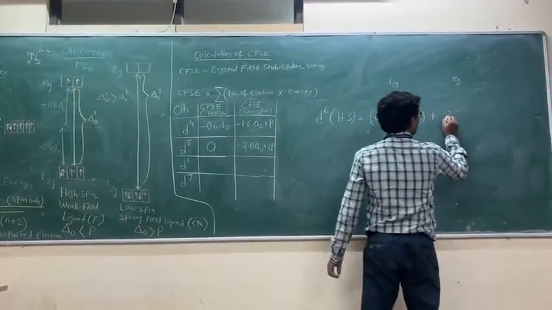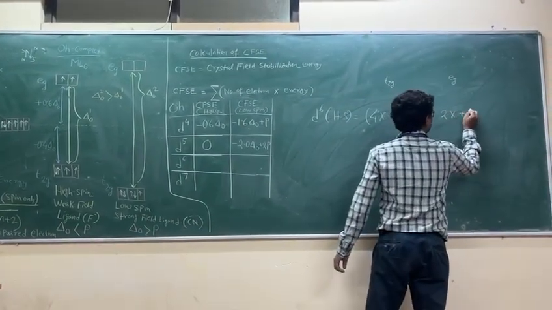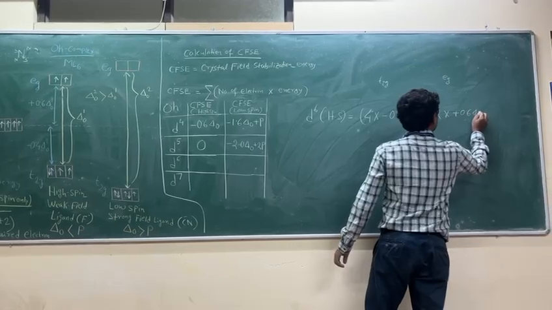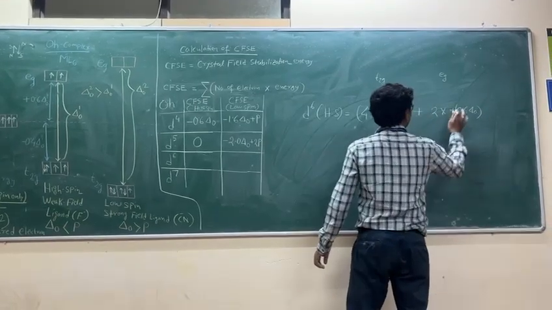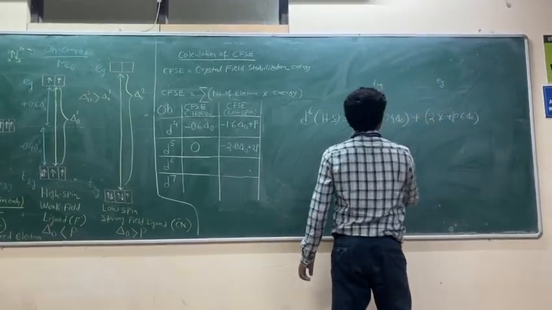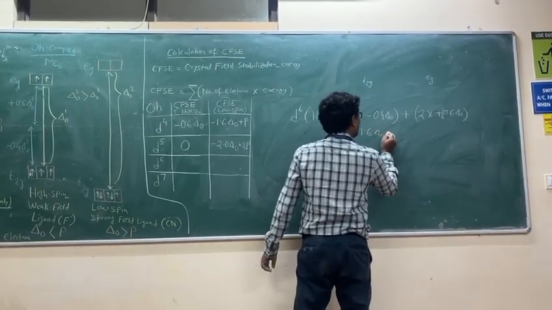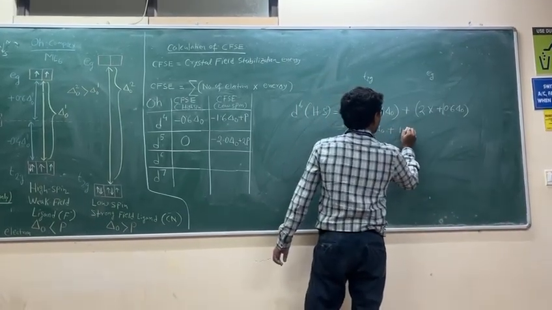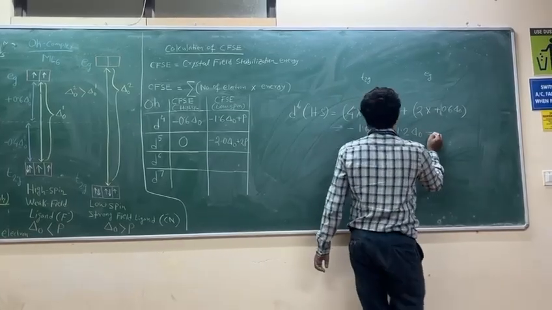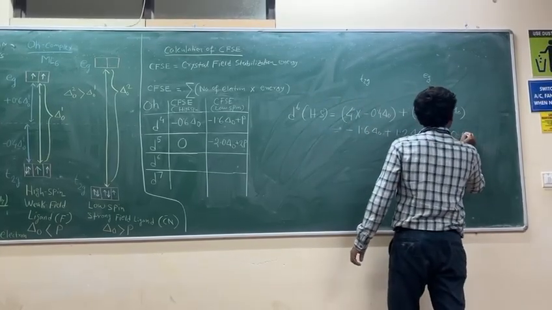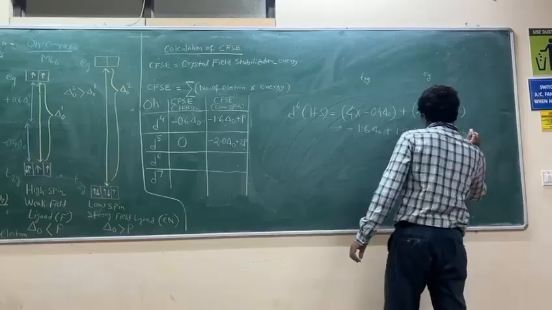So 2 into plus 0.6 delta O. Total will be minus 1.6 delta O plus 1.2 delta O. So that means minus 0.4 delta O.